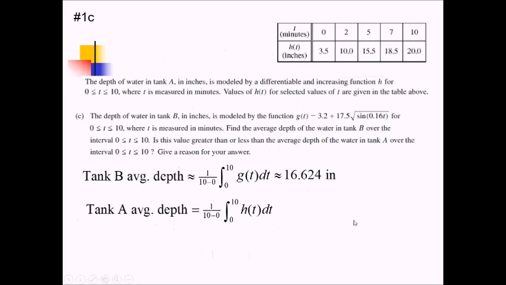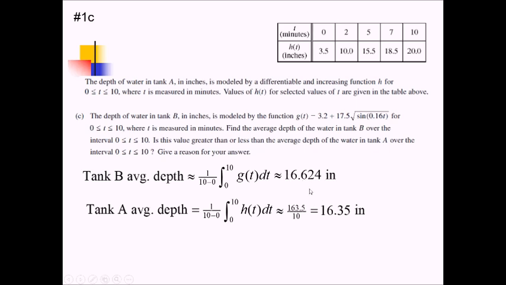So fast forwarding, since we already know an approximate value for the integral of h of t from 0 to 10, we can say that our average depth is approximately 163.5 over 10, which is to say 16.35 inches. So just looking at these, they were asking if the tank B value was greater than or less than the tank A value.